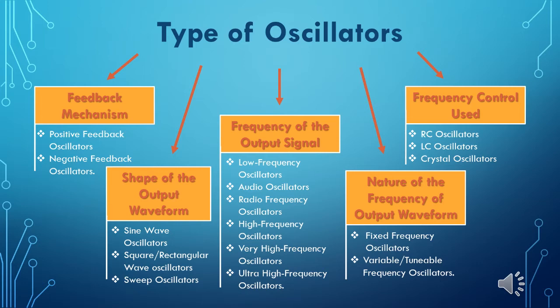They also have classification based on the nature of the frequency of the output waveform, like fixed frequency oscillators and variable or tunable frequency oscillators. And lastly, classification based on the type of the frequency control used, for example, RC oscillators, LC oscillators, and crystal oscillators.